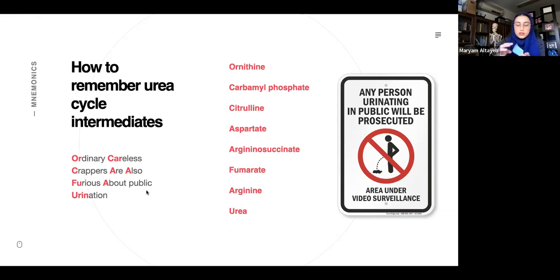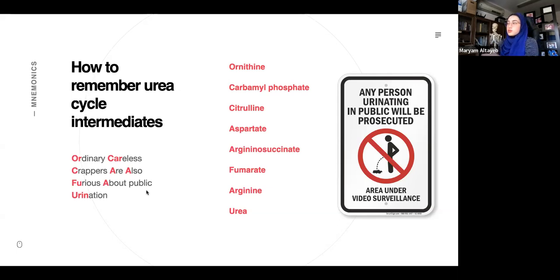I have it written here on a sticky note, and I would highly recommend you do it as well with me. Ordinary for ornithine, careless for carbamyl phosphate, crappers for citrulline, R for aspartate, also for argininosuccinate, furious for fumarate, about for arginine, and urination for urea.